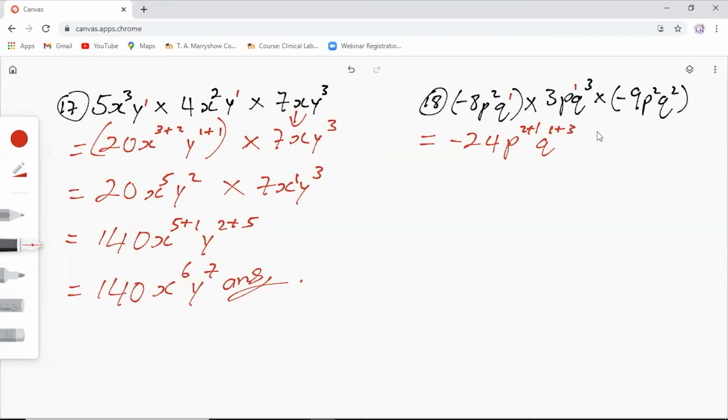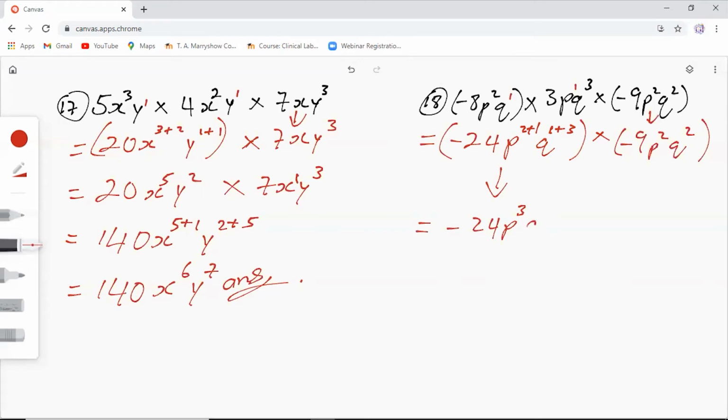So we have to simplify that. Then we bring down this one here, so we get negative 9 p squared q squared. So that simplifies this part here. This is equal to negative 24 p cubed, because 2 plus 1 is 3.